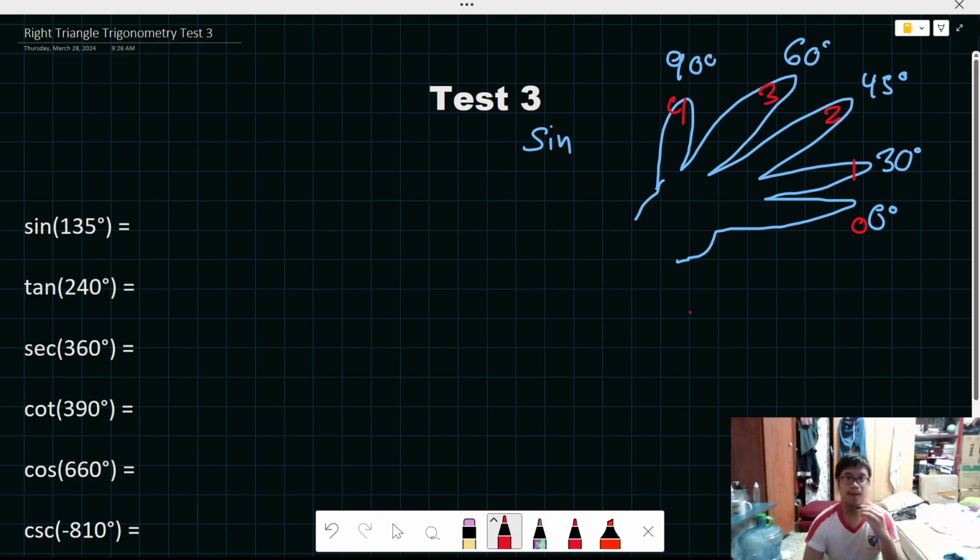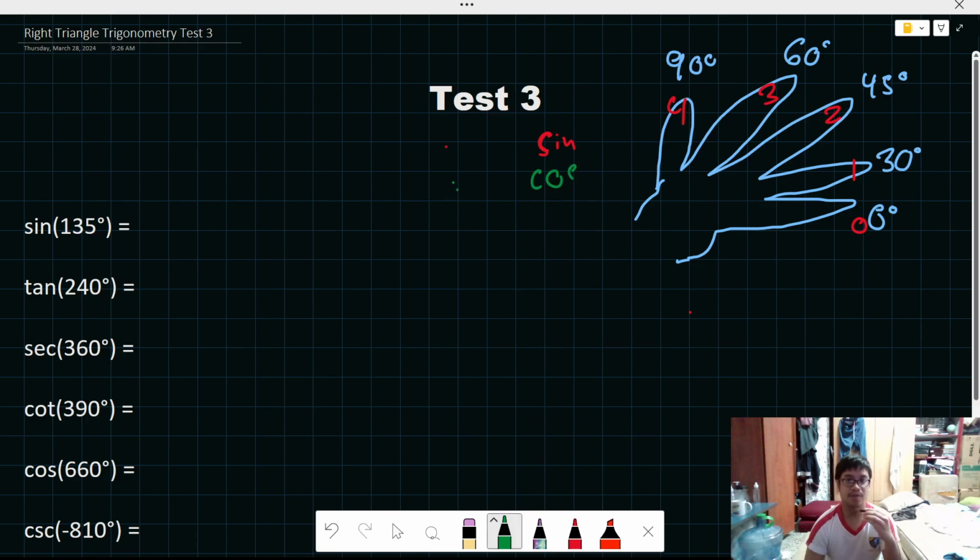Now for cosine, let me change the color here so you won't be confused.